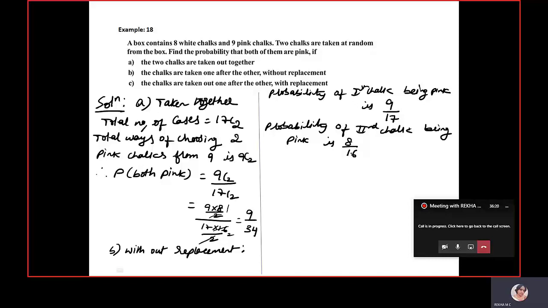The total number of cases will be 16. Therefore the probability of both pink is equal to 9 by 17 into 8 by 16. That is equal to 8 into 1, 8 into 2. So 9 by 34.